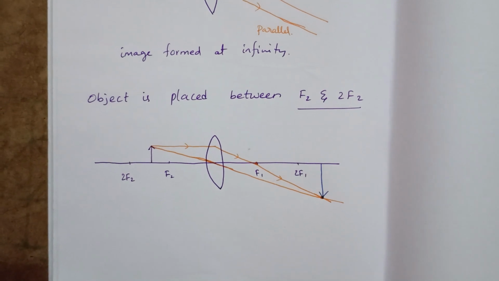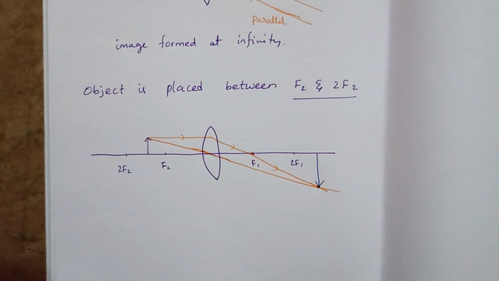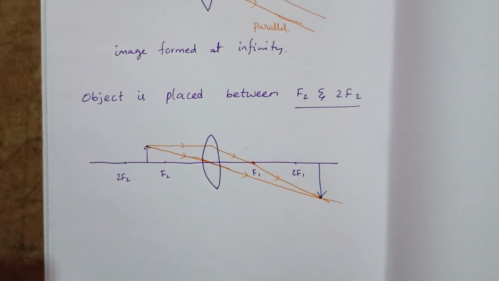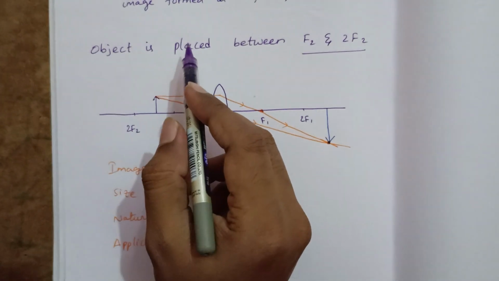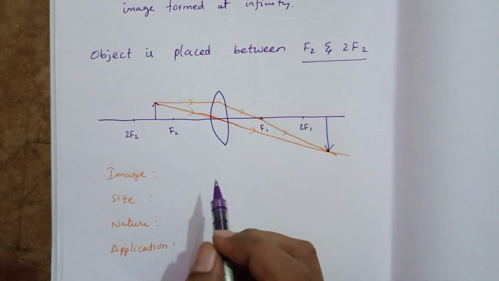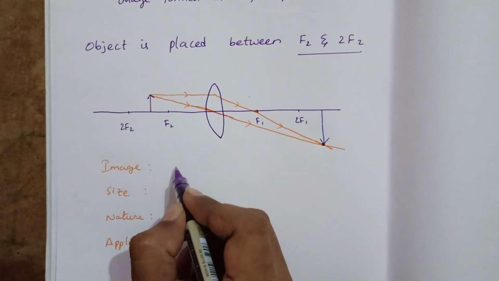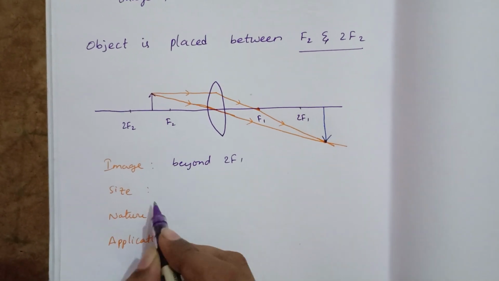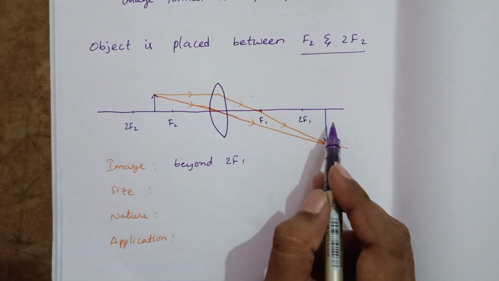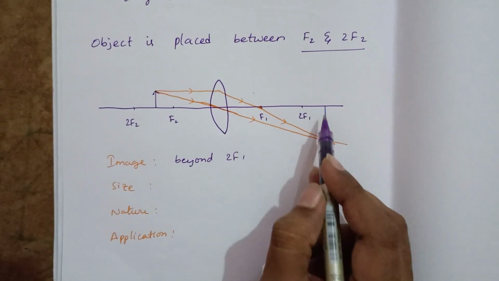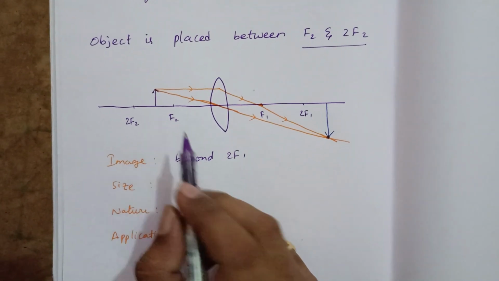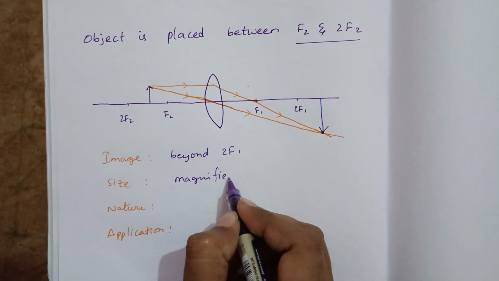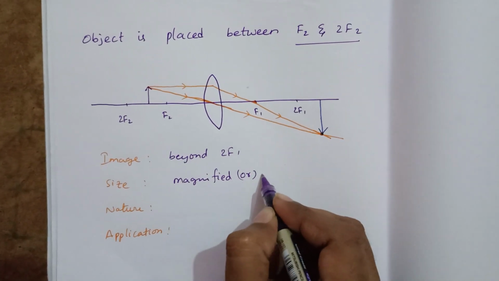Now we will see the characteristics of the image. Object is placed between f2 and 2f2, so the image is formed beyond 2f1, and the size is magnified, more than the size of the object, magnified or enlarged.